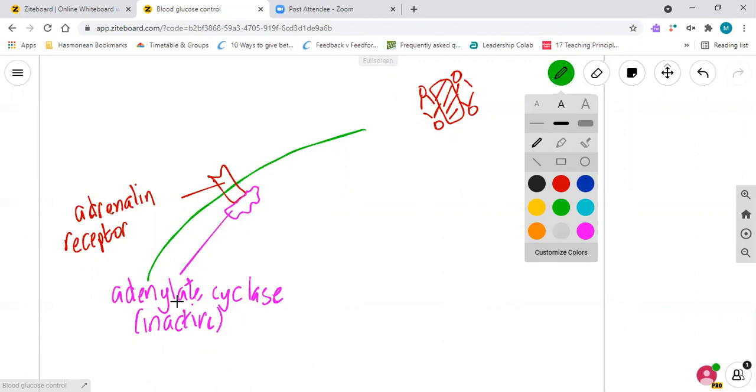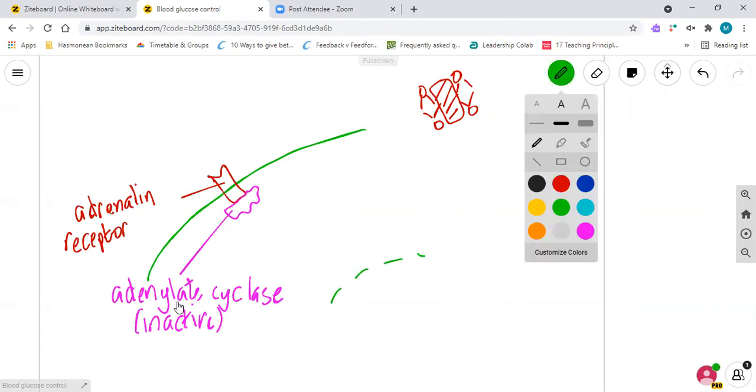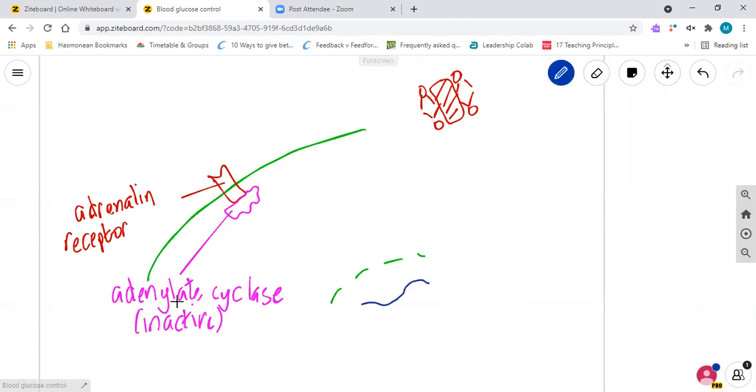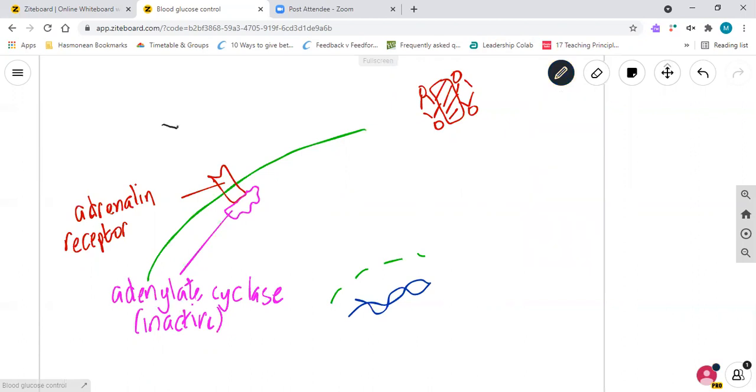Within my cell, I've got my nuclear membrane, which I'll draw in there, part of it. And right inside, I've got my DNA, which has all my genes on it. I'll just draw one molecule of DNA. So here is my adrenaline. It's got a complementary shape to my adrenaline receptor. So my adrenaline receptor will bind to my adrenaline, like so.